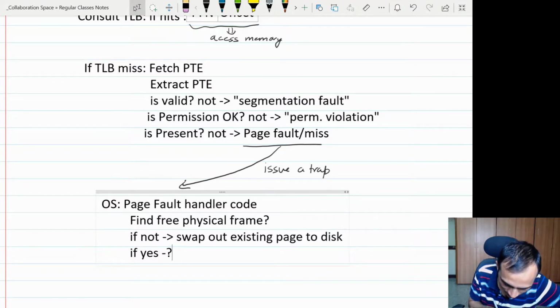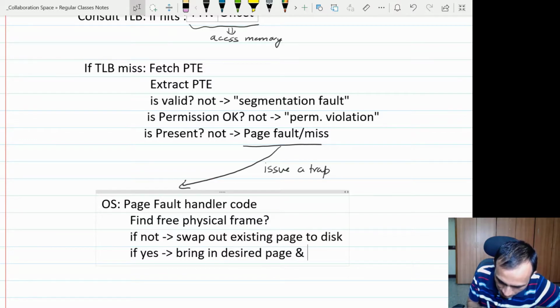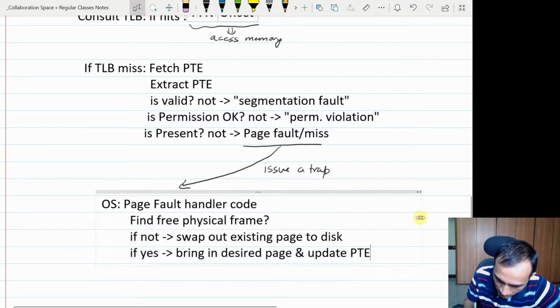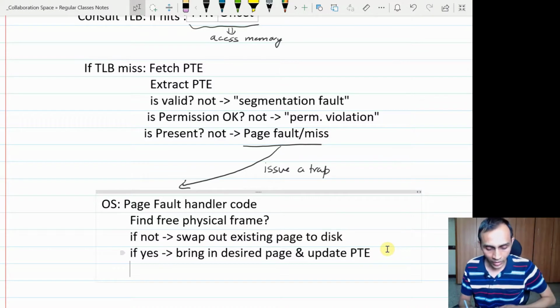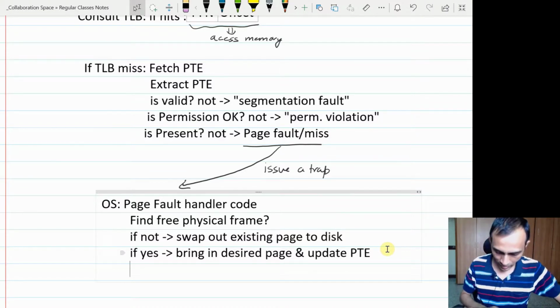But once it has swapped out the page, it will bring in the desired page and update the page table entry. Basically, it will set the present bit to 1 and so on.